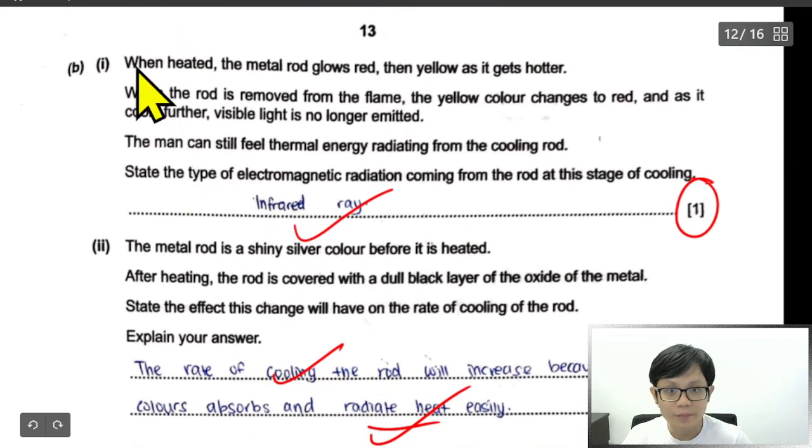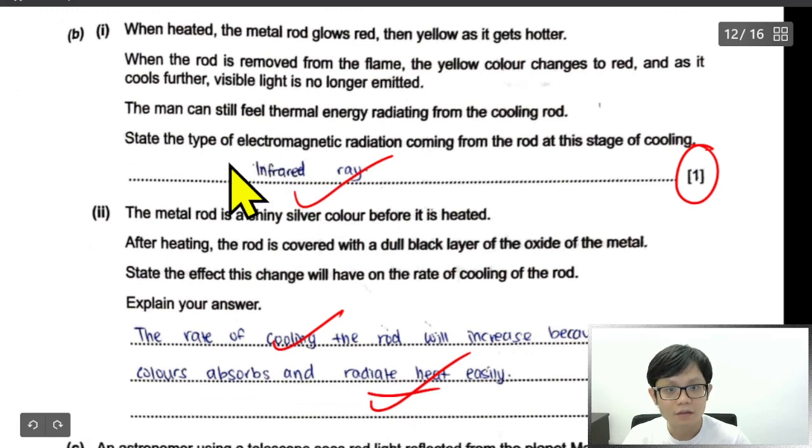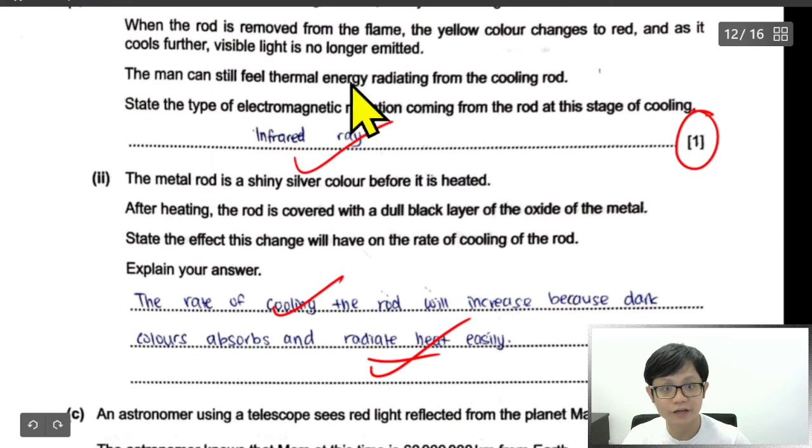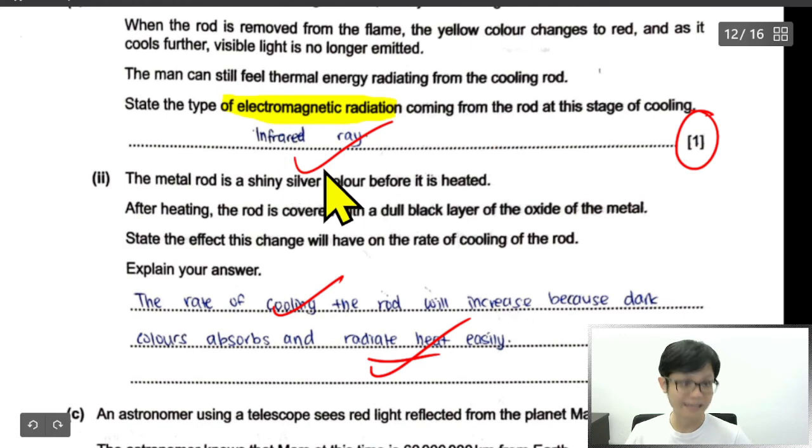Moving on, B: when heated, the metal rod goes red and then yellow as it goes hotter. State the type of electromagnetic radiation. So this will be the infrared, because we know that infrared usually carries the heat energy.